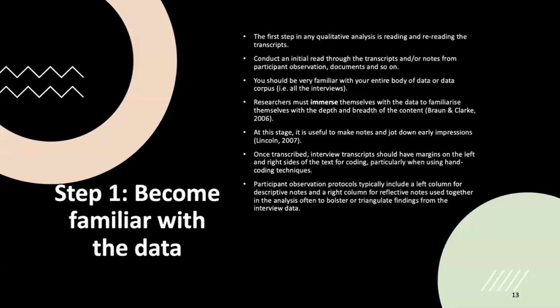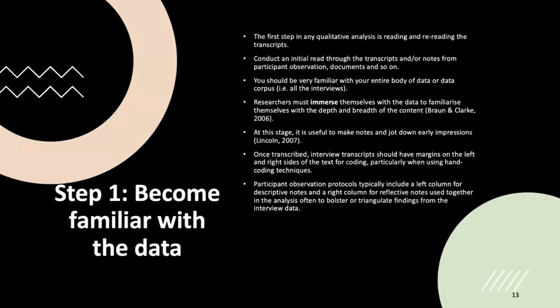So this is the most critical step, as it assists you to become familiar with the data. In this step, the first thing you'll do is start by reading the transcripts. This is after you've conducted your recordings and your data has been transcribed to text. So you have to take time to read and reread your transcripts.